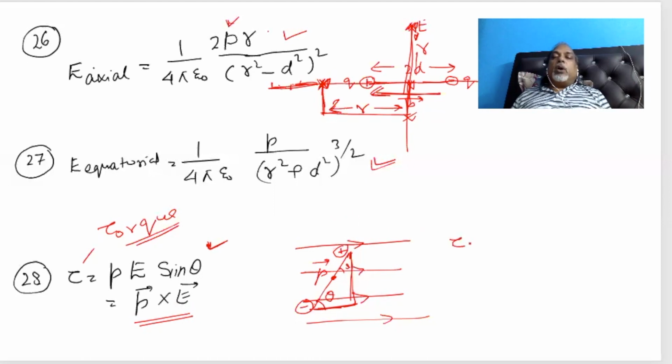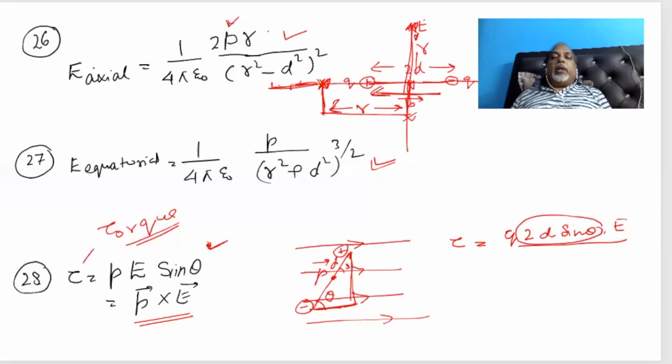Or we can write it as tau is equal to P. What is P? Q into 2d sine theta into E. Correct? 2d sine theta is what?